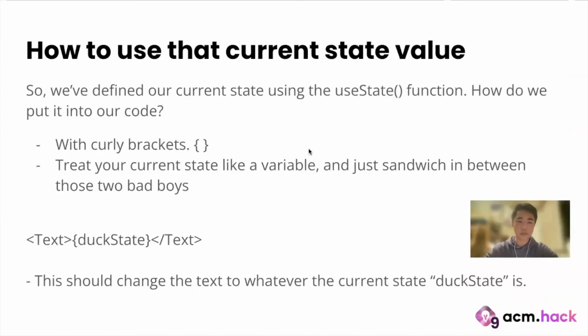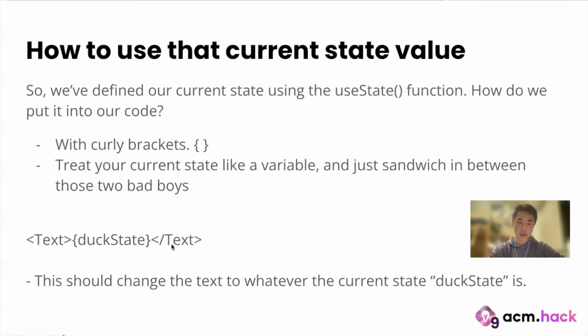Okay, so how do we use that current state value? Let's say we've defined our current state using the useState function, but how do we put it into our code? Well, remember the curly brackets. To treat our current state like a variable, we insert it with these curly brackets, and we would do something like this.